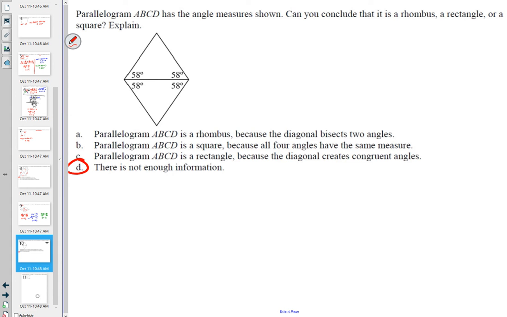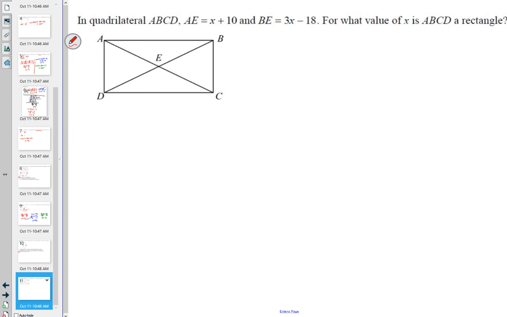Okay, the last one is number 11. In this quadrilateral, AE is x plus 10, that's half of a diagonal. BE is 3x minus 18. For what value of x is this a rectangle? Well, what's different about the diagonals of a rectangle? Not only do they bisect each other like any parallelogram, but what else do they do? I'll give you a clue. It starts with C and ends with congruent.